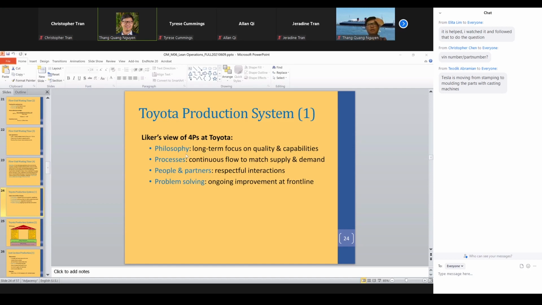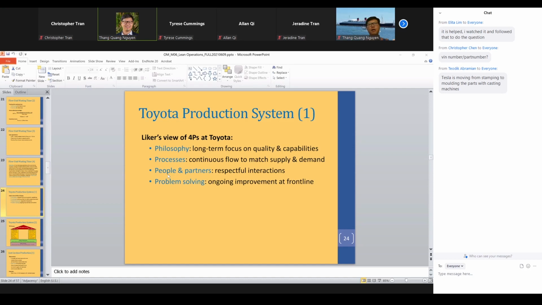So the first P is about meeting the customer expectation and conforming to our design specification. And to do that, we focus on the processes, right? To match supply with demand and to smooth out the flow rate of our production. Right? So that's the second.